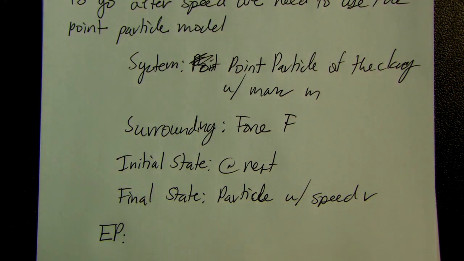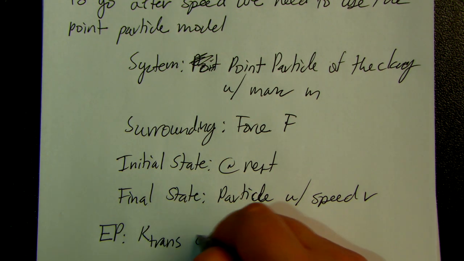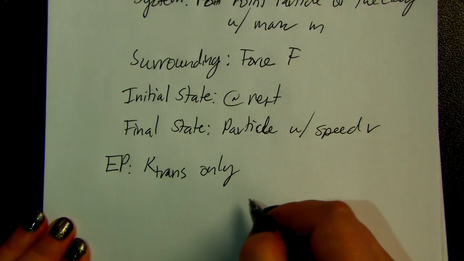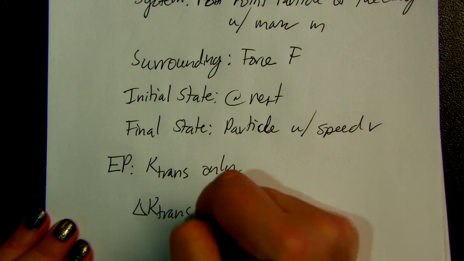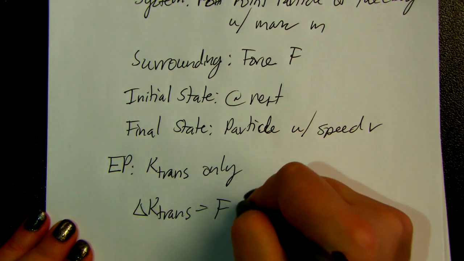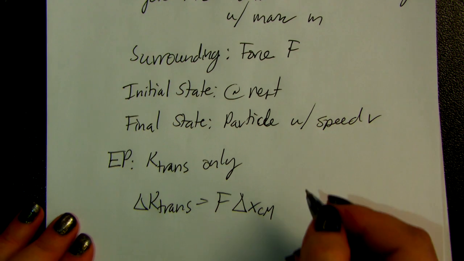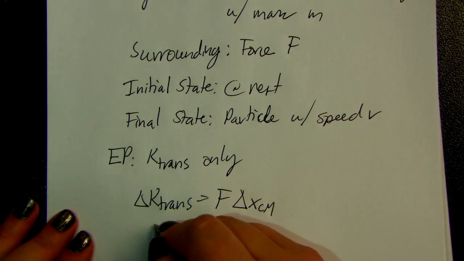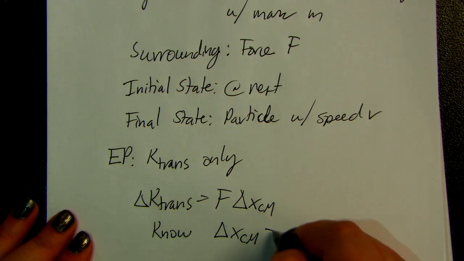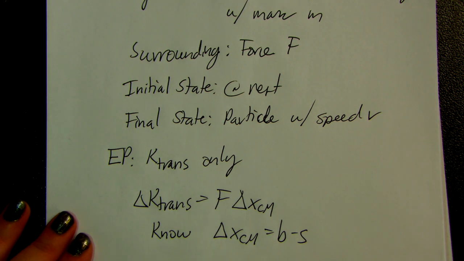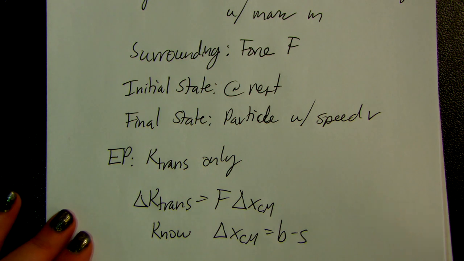All right, so the energy principle for the point particle model, where you can only go after translational kinetic energy. So the change of translational kinetic energy is equal to the force over that displacement in x of the center of mass. We know the displacement of the center of mass is equal to b minus s, because the spring started with some stretch, and the b had to do with the entire box.